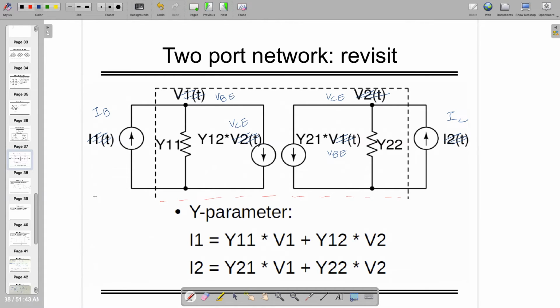Now Y11 is equal to del IB by del VBE, Y12 is equal to del IB by del VCE, Y21 is equal to del IC by del VBE, and Y22 is equal to del IC by del VCE. You have to just derive these and plug those results here. That will make the two-port equivalent network for BJT.